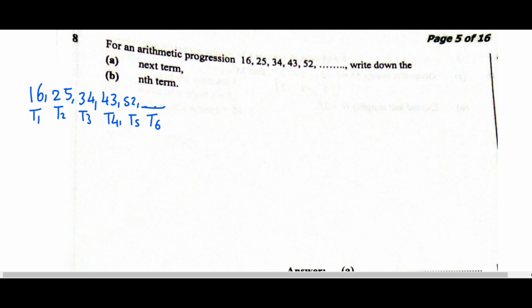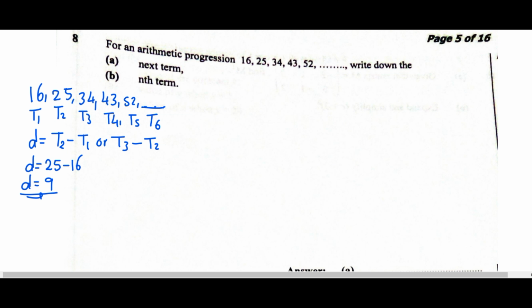So first begin by finding the common difference. The common difference is equal to second term minus first term, or third term minus second term. So second term is 25 minus first term 16, which gives us 9.